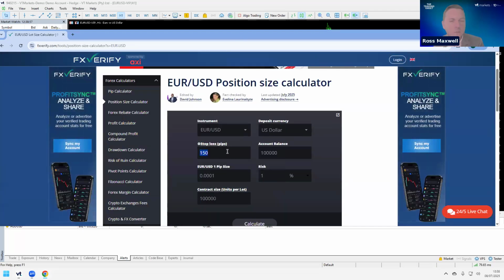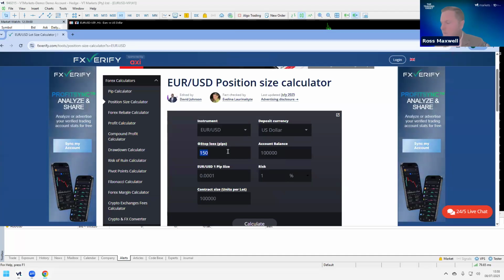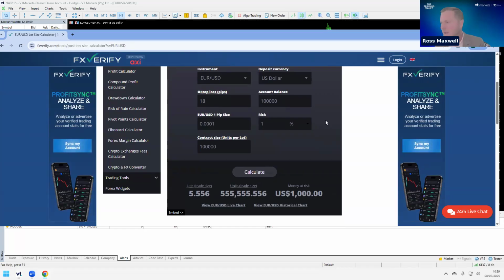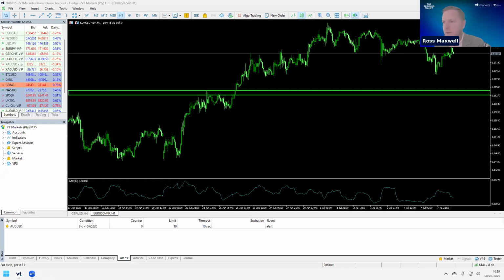Our stop loss is about 12 pips wide, so we're going to add 50%, which adds another 6, so it's 18 pips. You can do 20, rounding up, 1% of our account. It doesn't have to be exact, but if your rough stop loss should be 18 pips, then you can use anything from 15 to 20. And again, these are guidelines rather than exact. I'm going to use 18 pips, and you can see that it comes out at 5.55 lots. Round that up, so I'm going to have a risk of 5.6 lots.